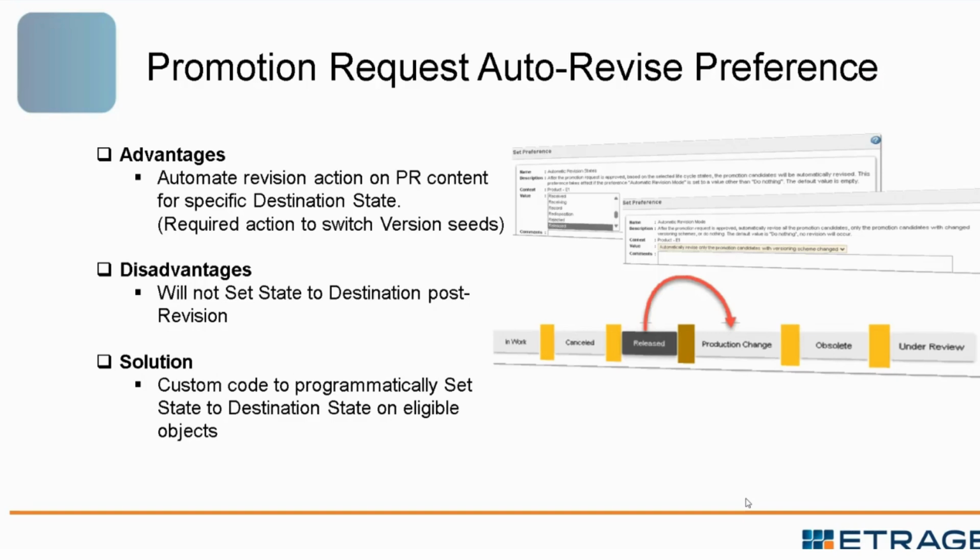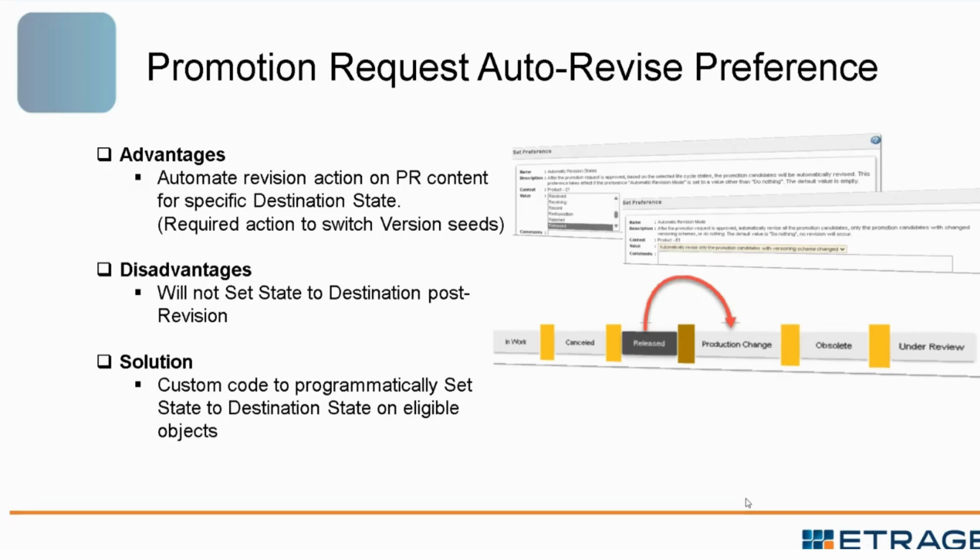The out-of-the-box state-based versioning has two schemes in it. It starts with numeric and then moves to alpha. Back in releases 9 and 10, PTC had this in place, but they really did not have any automation. And I believe in release 11, they introduced auto revision as part of the promotion request.